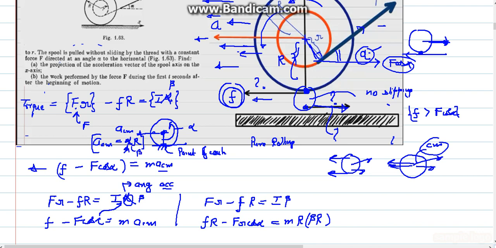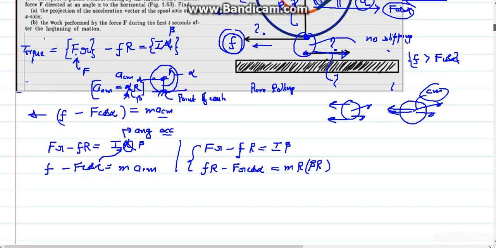Now add these two equations, we get FR minus FR cos alpha is equal to mR square beta plus beta gamma mR square, since I is given as gamma mR square.